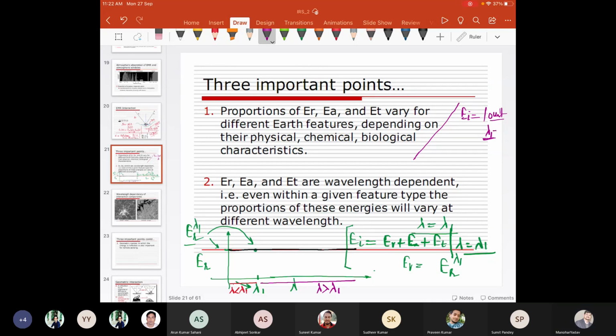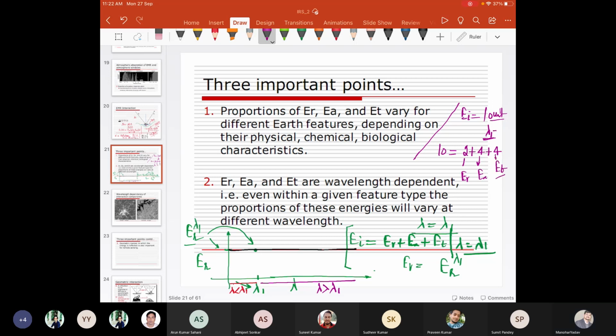Now this 10 unit is distributed into ER, EA, and ET, in the format of, let's say, 2 plus 4 plus 4. So 2 is the reflected, 4 is absorbed, and 4 is transmitted.